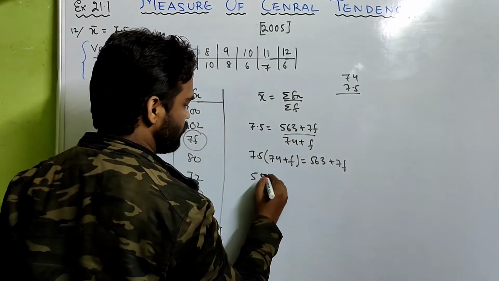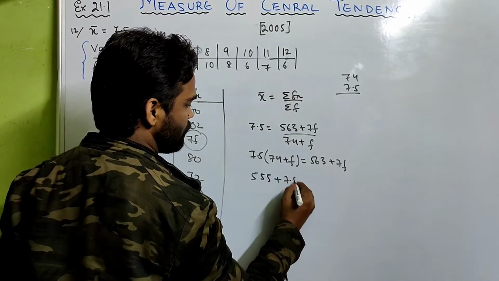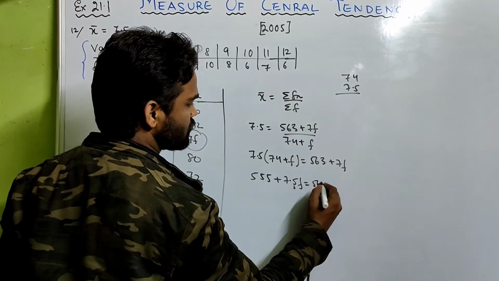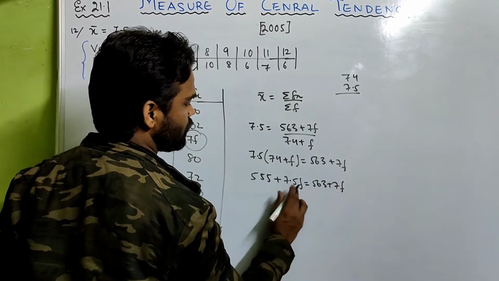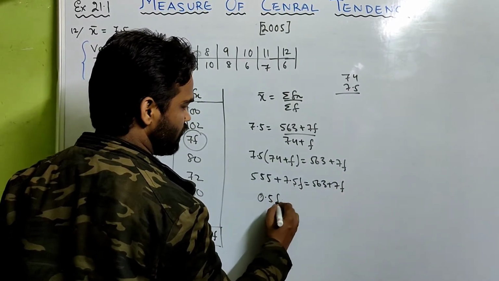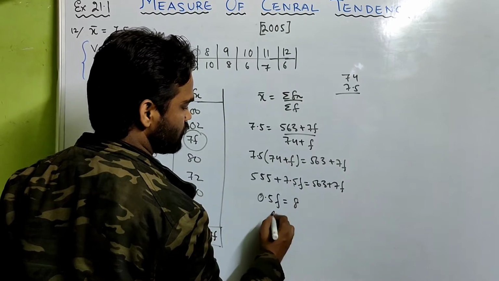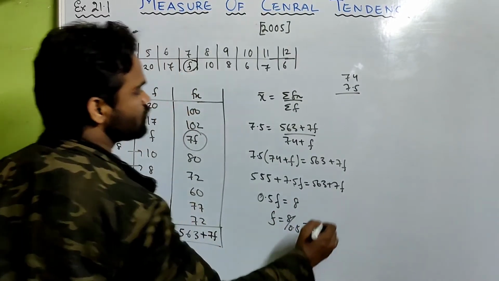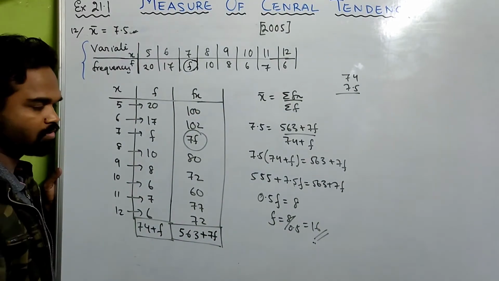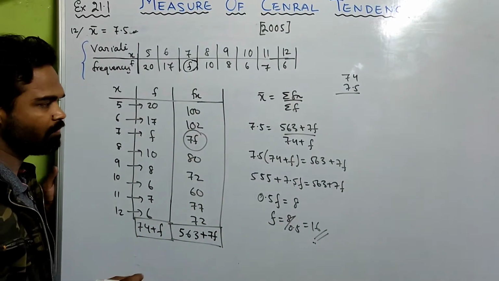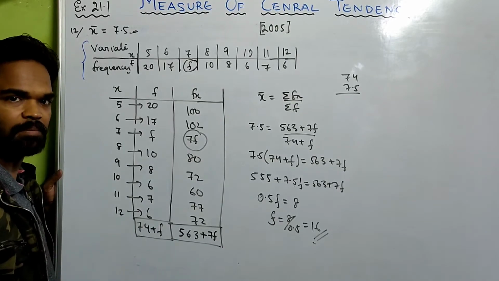So 555 plus 7.5f equals 563 plus 7f. If you bring f on this side, 0.5f equals 8, which means f equals 8 by 0.5, which means f equals 16. So we got the unknown value. I used direct method to solve it. Now let us see the next sum.